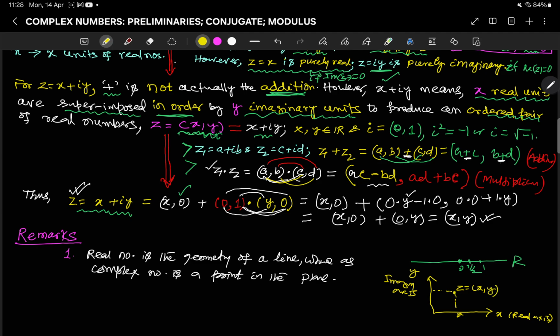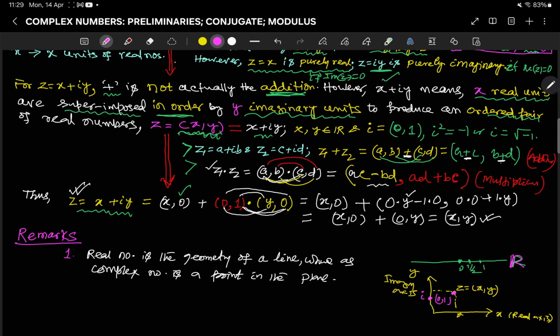So complex number is just a point in the plane. Otherwise real number is simply a point on the real line, right? So now if I say i, so i is simply this point. This is my 0, 1 point. So this i is simply my 0, 1 point. So this is what the geometry of the complex number can be viewed as, a point in the plane, right?